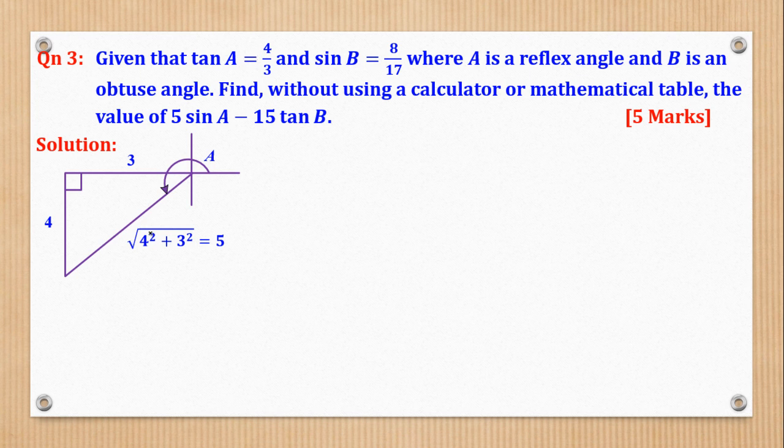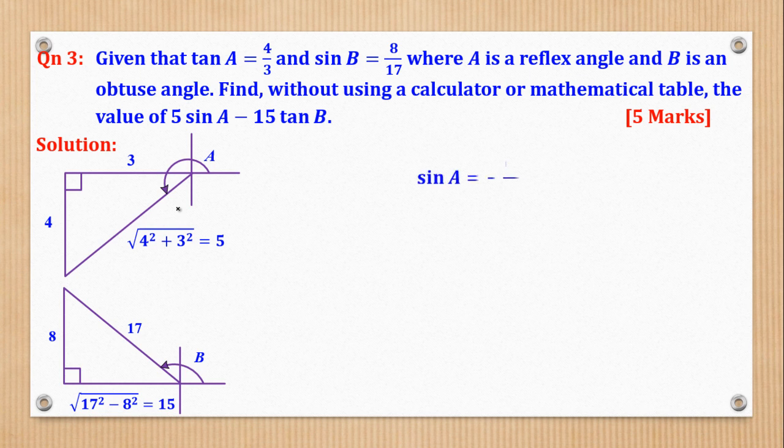So by Pythagoras theorem, this hypotenuse is 5. Then the quadrant for B, it's in the second quadrant. So by Pythagoras theorem, I come up with that. So that means that sine is negative in the third quadrant, so that's why it is negative opposite over hypotenuse.